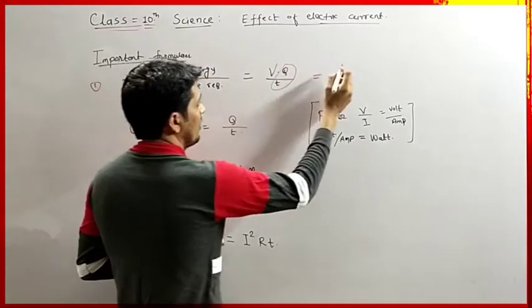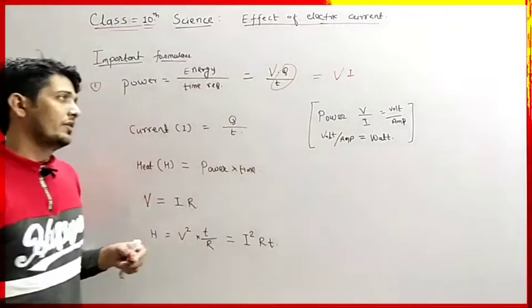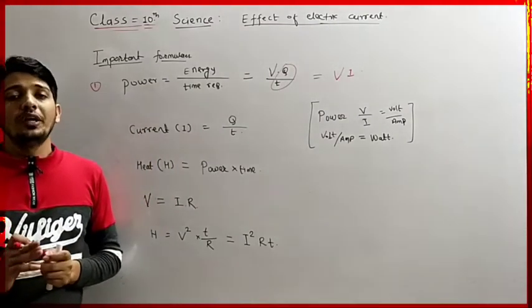Okay, so power will be potential difference into I. So this is nothing but the formula for the power of the electronic device.